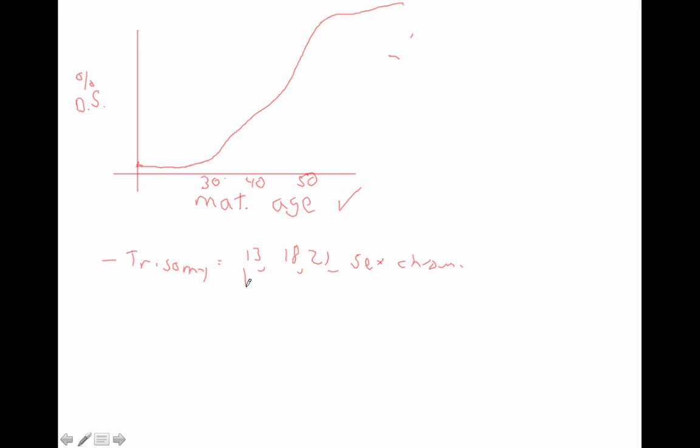However, in these first 3 cases, 13, 18, 21, the phenotypes can be quite severe. In fact, most of these individuals don't even survive to birth. 13 and 18 are more severe than 21. And the sex chromosome, interesting, there's very little impact on those individuals.